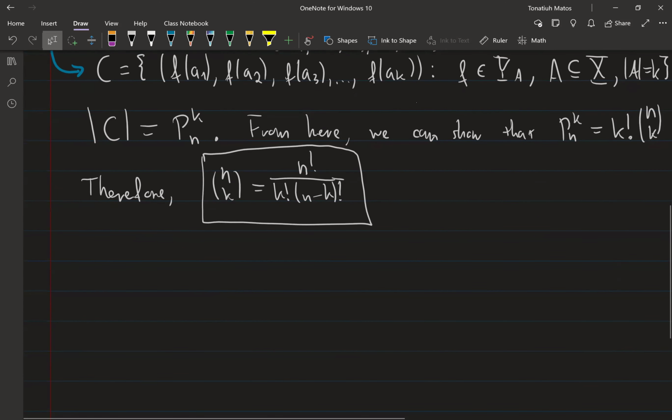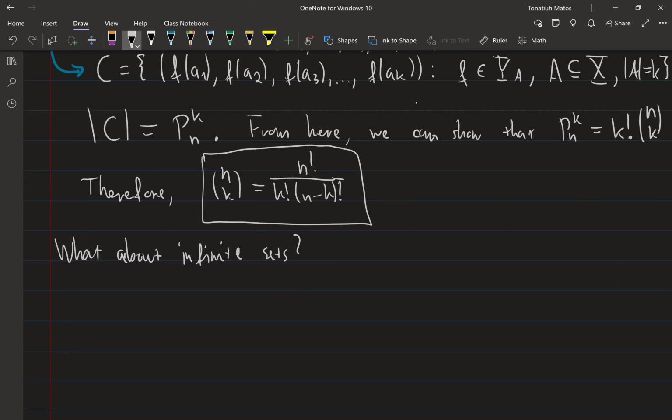Okay, now I think it's a good excuse to address the question I got in the chat. What about infinite sets? Of course, we could define this for cardinals.